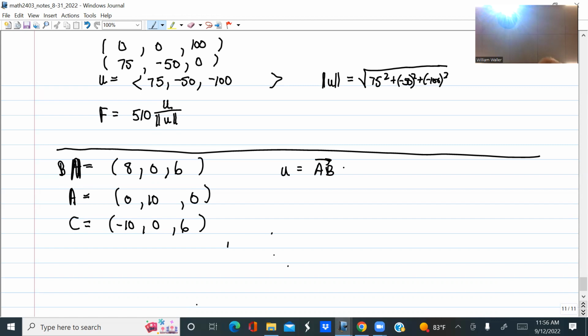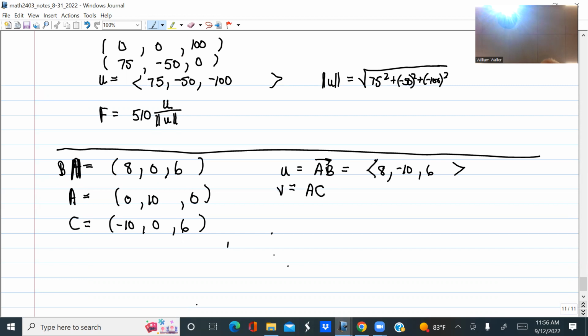And so we just have to take the difference in the coordinates, right? So make sure I do this right. That's 8 minus 0 is 8, and then 0 minus 10 is minus 10, and then 6 minus 0 is 6, right? Okay.